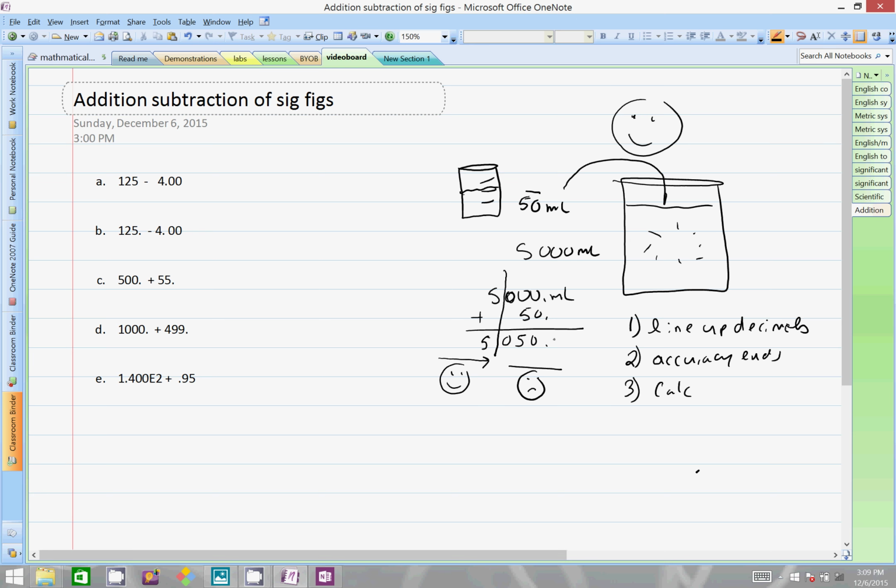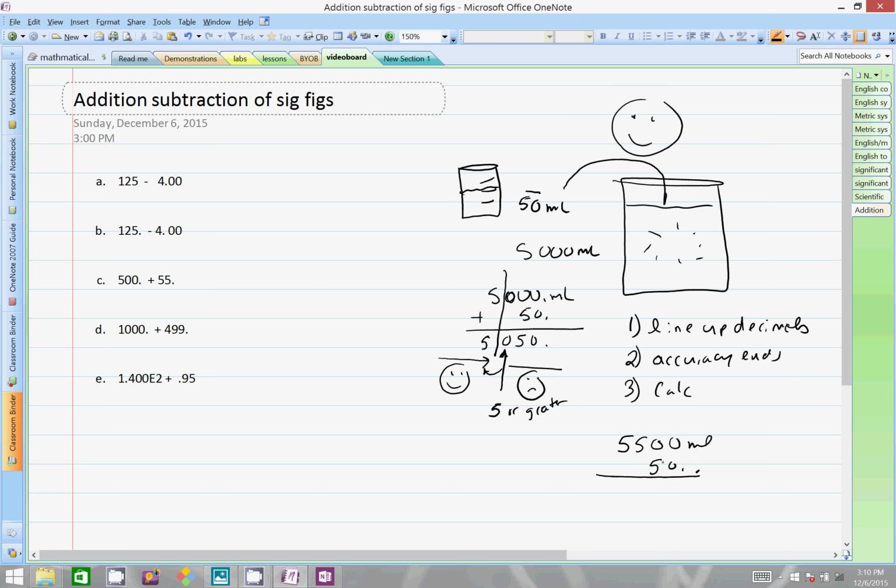What I will use, though, is that if the number right here is 5 or greater, then I would kick this up. If we go 5,000 milliliters plus 500 milliliters, and we lose accuracy, I'm going to change that here.